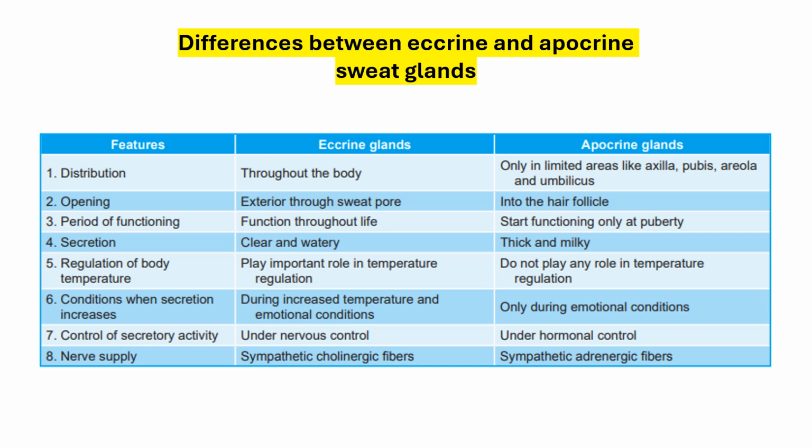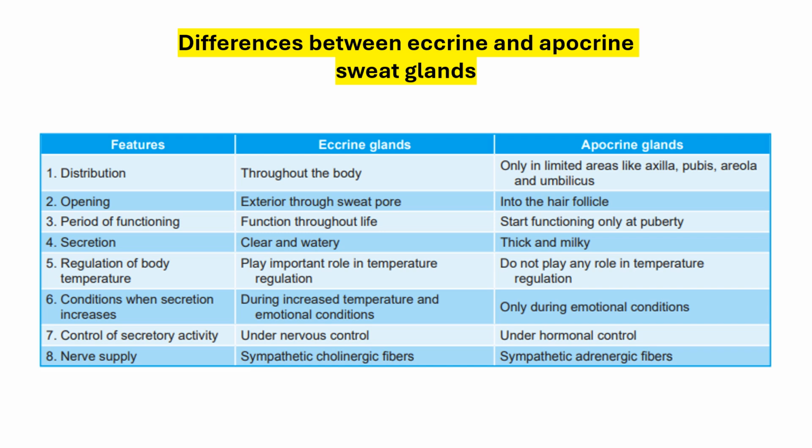The primary function is thermoregulation, which helps to cool your body through evaporation when you're feeling hot. A fun fact about eccrine glands is that they are active from birth, making them important for temperature control throughout your life.